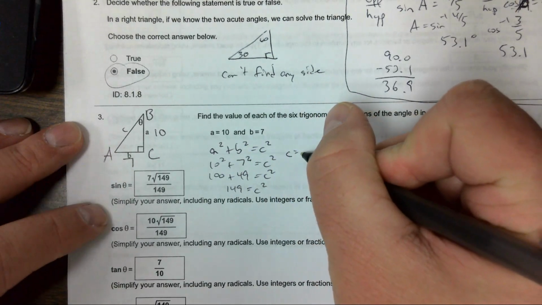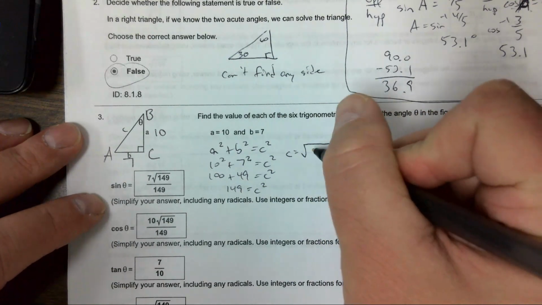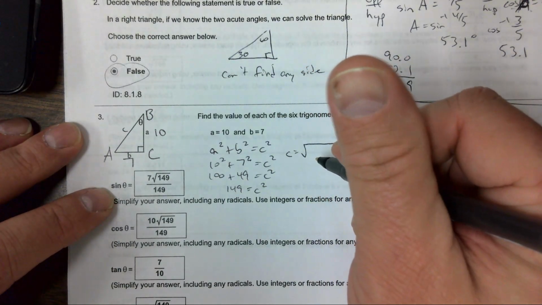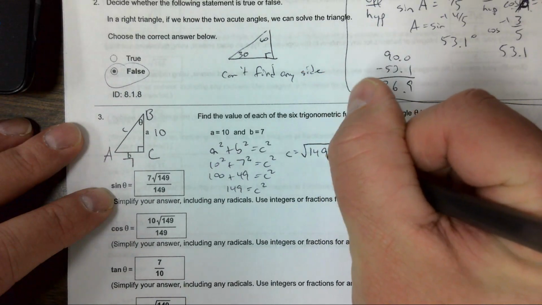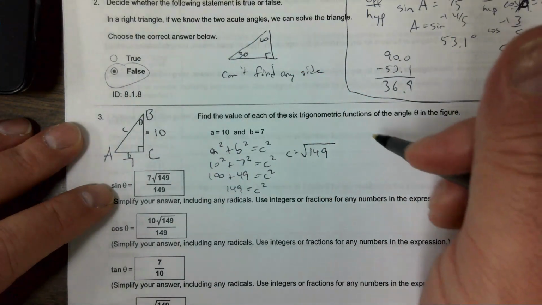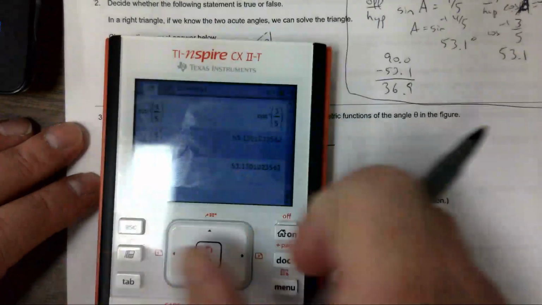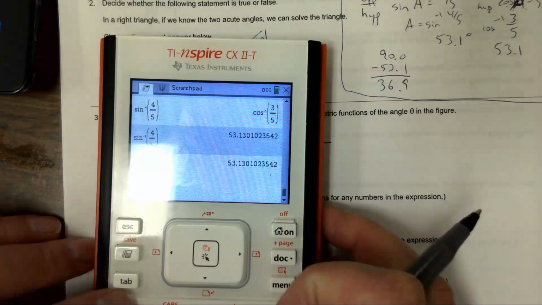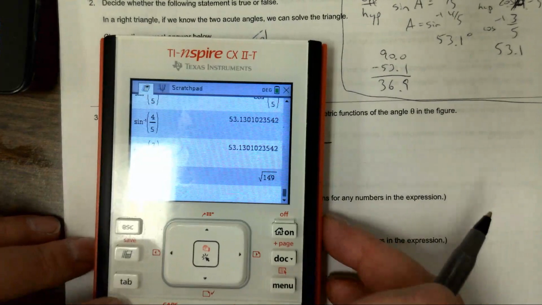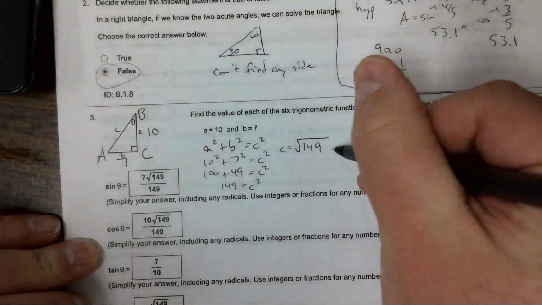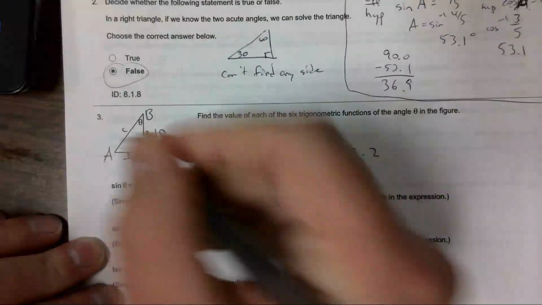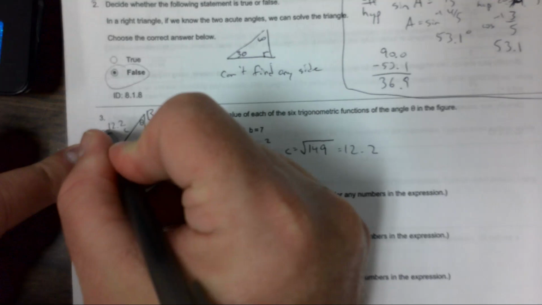C is the square root of 149. The square root of 149 is 12.2. Now, I'm just doing that for information, and I'm going to say approximate. It's really square root of 149.